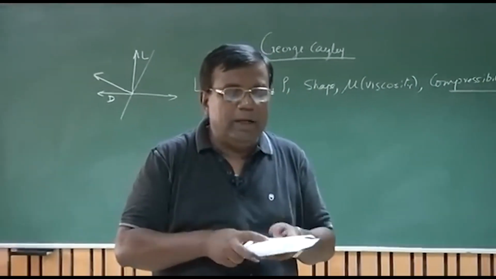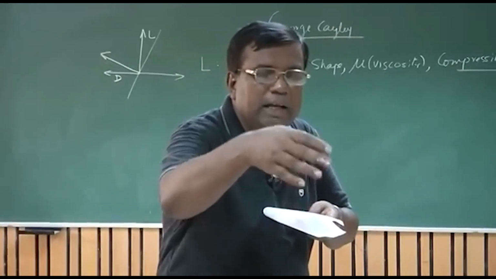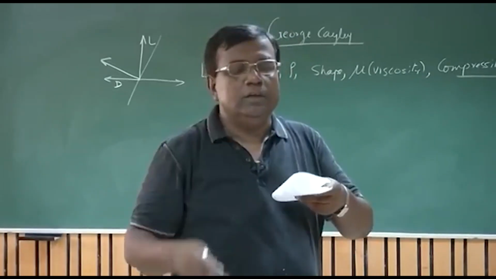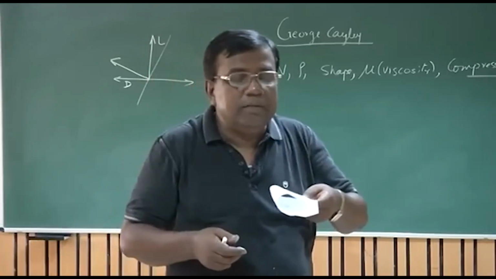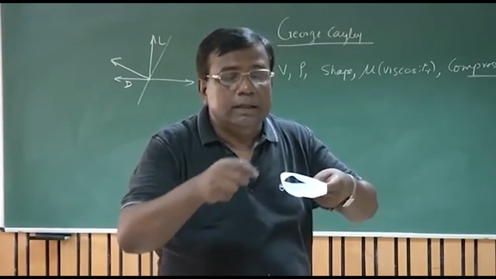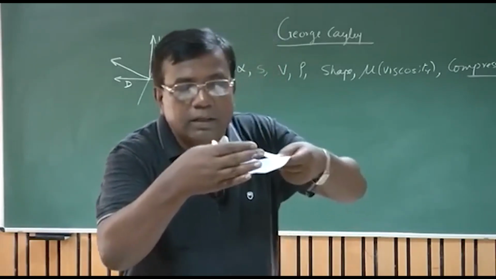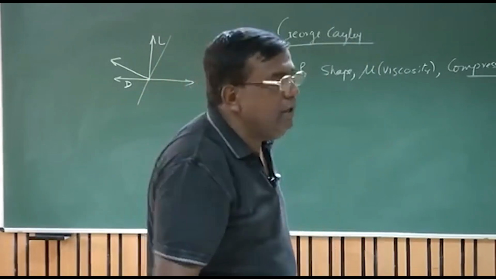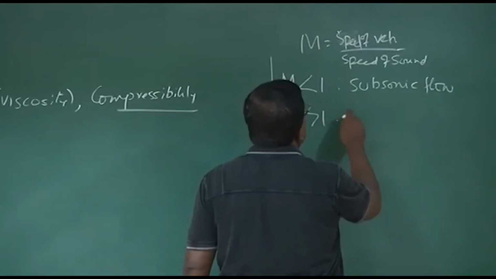So suppose the vehicle is moving like this, then the air particles get disturbed. Any air particle ahead of the vehicle is already displaced because of the disturbance, so when it moves, it gets less resistance. But imagine if it is moving with speed higher than the speed of sound, then the next particle, before it gets displaced, the vehicle will crash on it. That is how the fluid particle gets compressed, and we call it supersonic flow, that is Mach greater than 1.